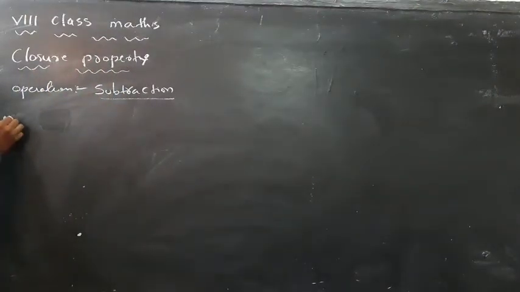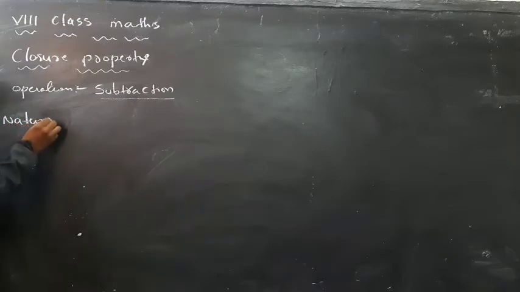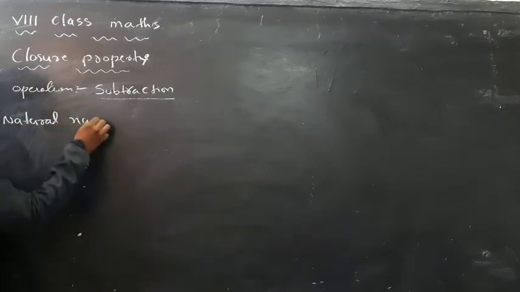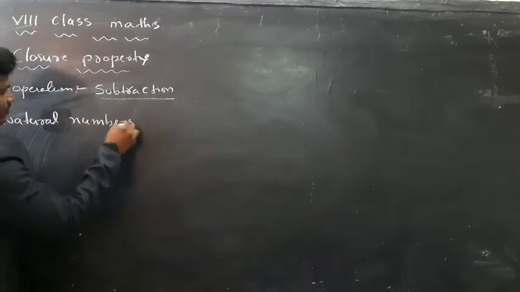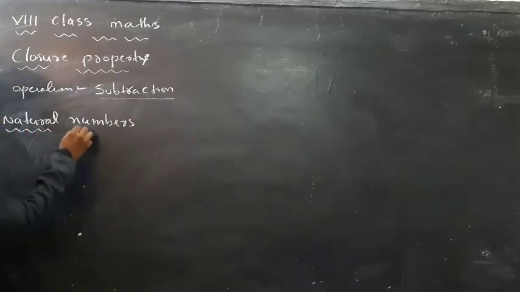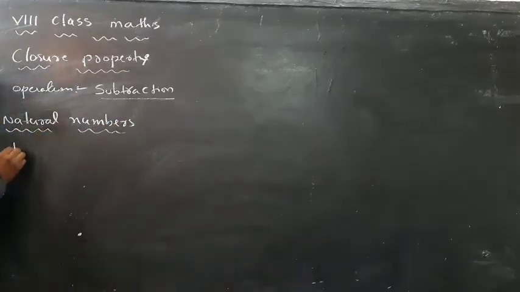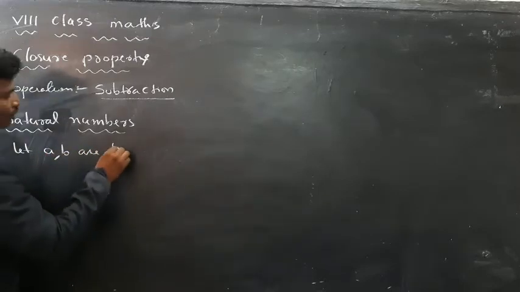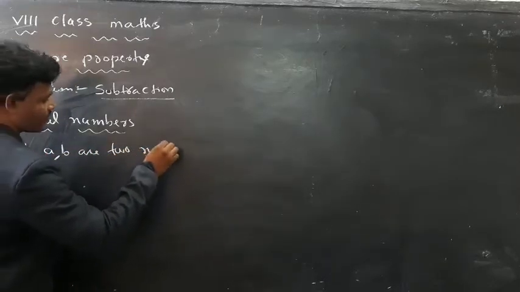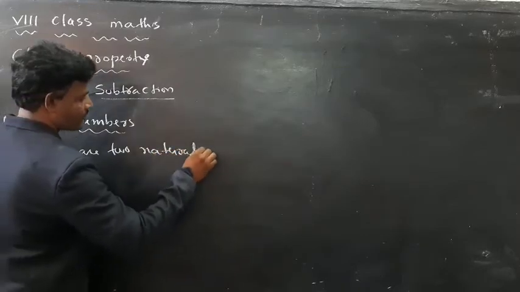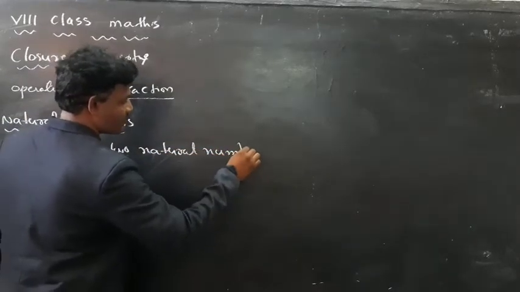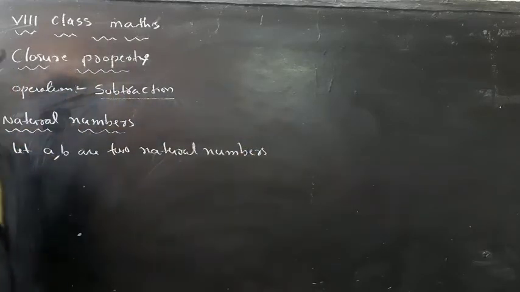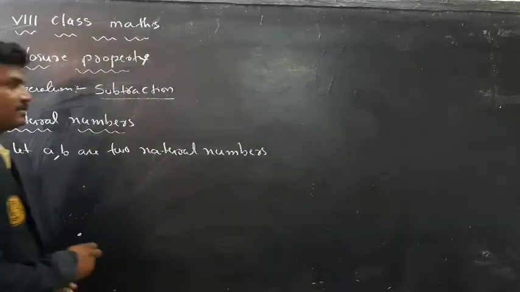First, I am taking natural numbers. Let A comma B be two natural numbers.